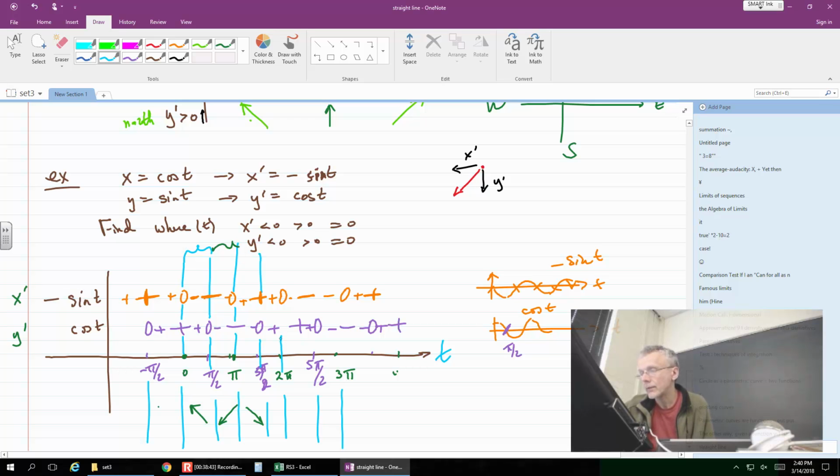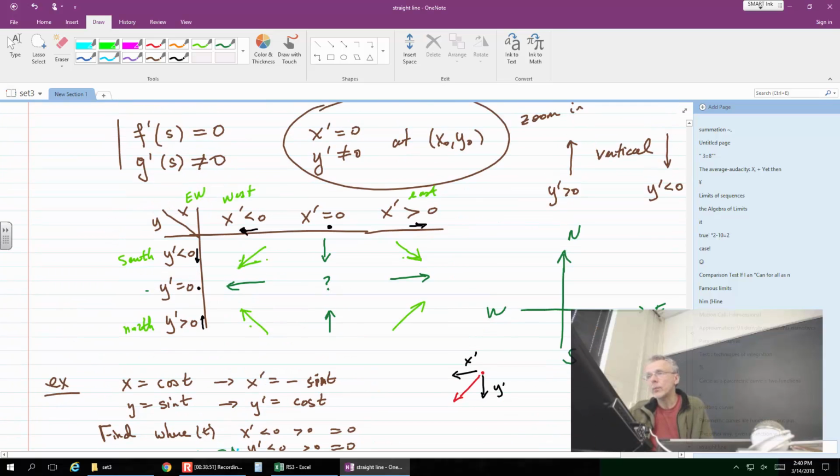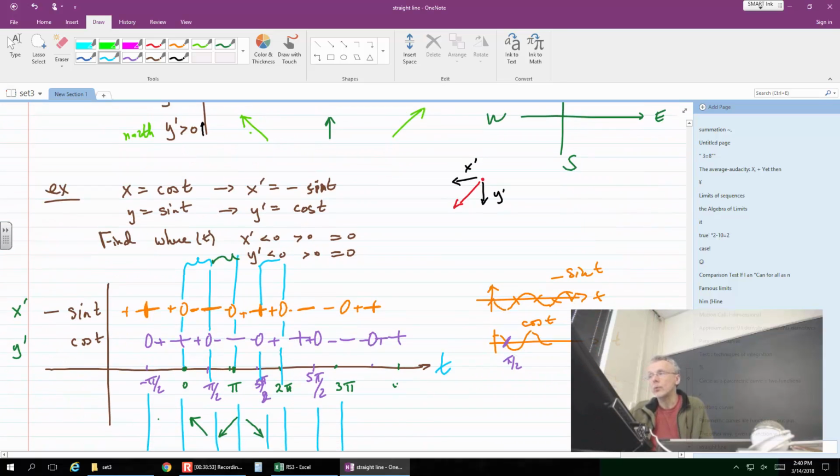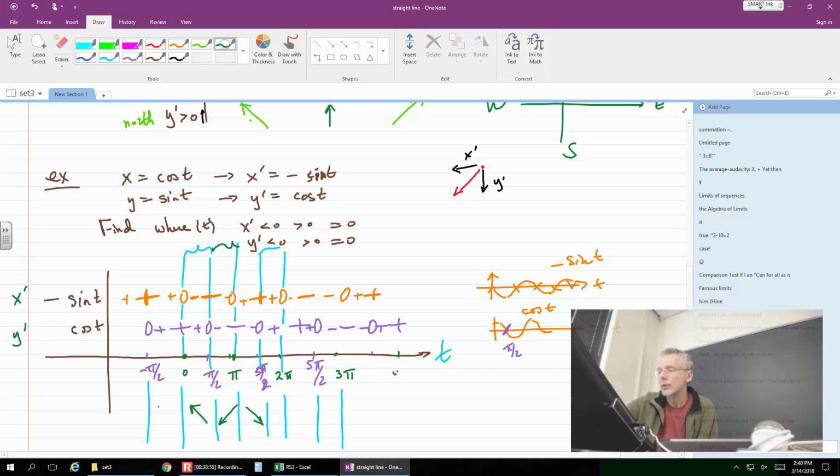Then the next time period. This is my fourth time period. Both of them are positive, so we are moving according to our table. When both are positive, we are moving northeast over here. As you can see, unlike in Calculus 1, I'm not trying to make up a curve from those arrows. That's what's very convenient in Calculus 1.